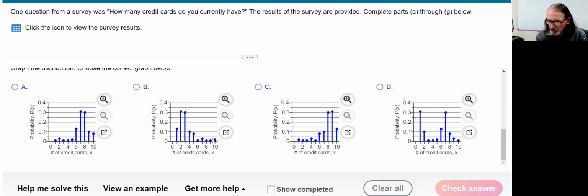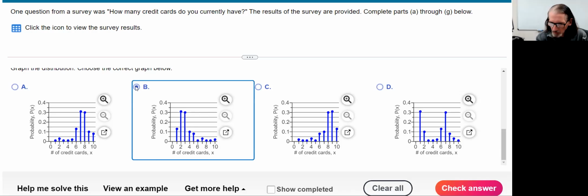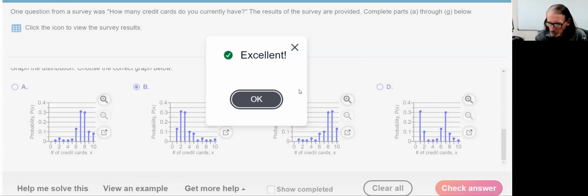The only place where I'm seeing anything close to that is here. Higher, same height with these two, and then something in between. You can look back at the table and even zoom in on this to make extra sure, but it sure looks like this choice B, which is skewed right, by the way, should be the one.